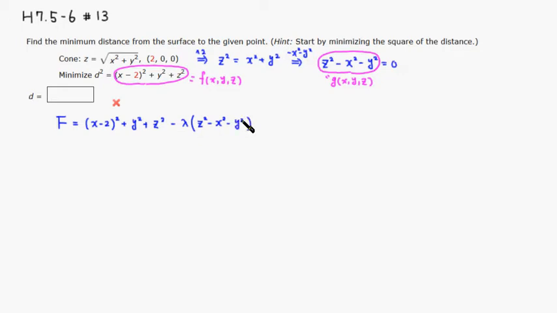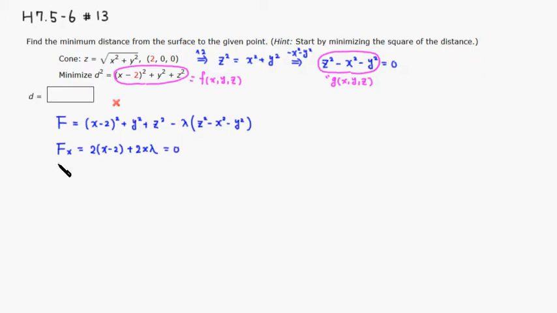Let's take the partials. The partial of capital F with respect to x is 2 times (x minus 2), then the partial of the other part is negative 2x times negative lambda, so it's a plus 2x lambda, and set that equal to 0.